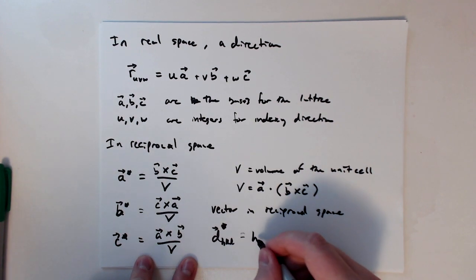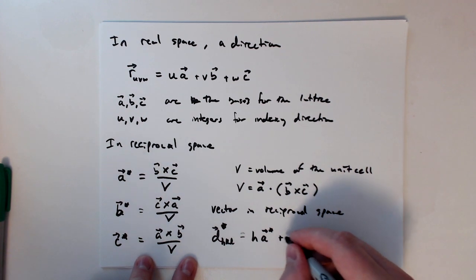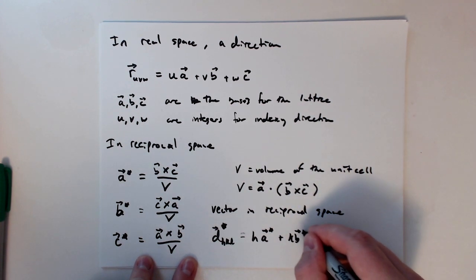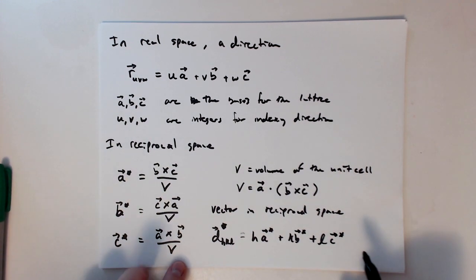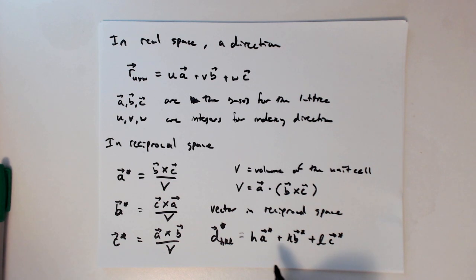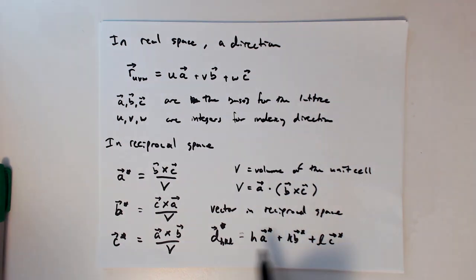We can define that as h times the a star vector plus k times the b star vector plus l times the c star vector. So a point in reciprocal space, the vector drawn from the origin to that point, is defined in this way, similar to how a point in real space is drawn. But you can see here it's purposeful. You can see that the coordinates, the indices, are h, k, and l, right? So that corresponds back to a real space plane of h, k, l.